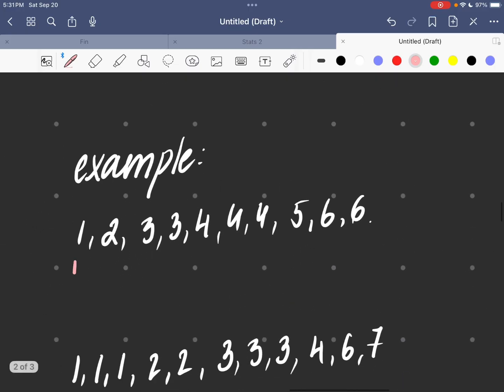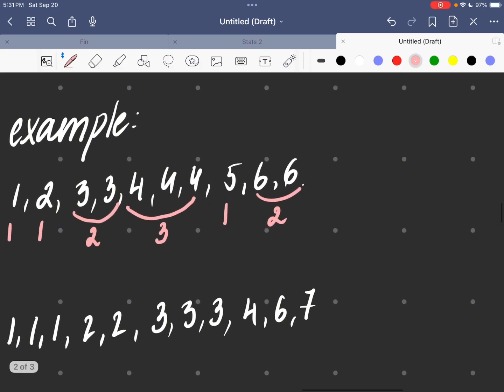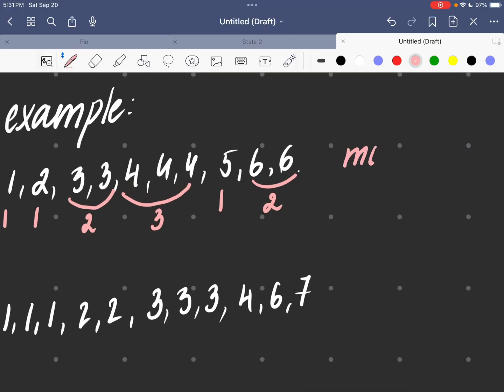We have 1, 1, we have 1, 2, we have 2 3s, we have 3 4s, 1 5, 2 6s. So, what is the most common value here? We obviously have 3 4s, so this is the most common number. So we have mode is equal to 4, because it's the most common value here.